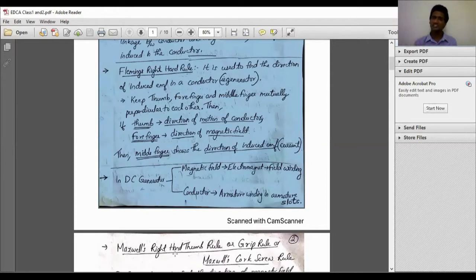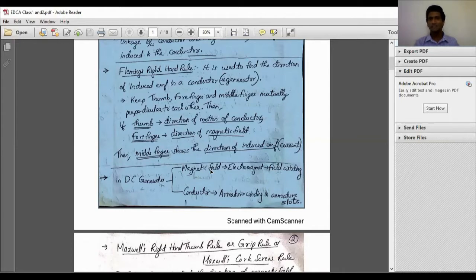So what is the next requirement? We want a magnetic field. Only then can I move my conductor in a magnetic field, right? In order to produce a magnetic field, we are not depending on a permanent magnet. We are depending on an electromagnet. What does electromagnet mean? If a conductor is carrying a current, definitely around the conductor there will be a magnetic field.